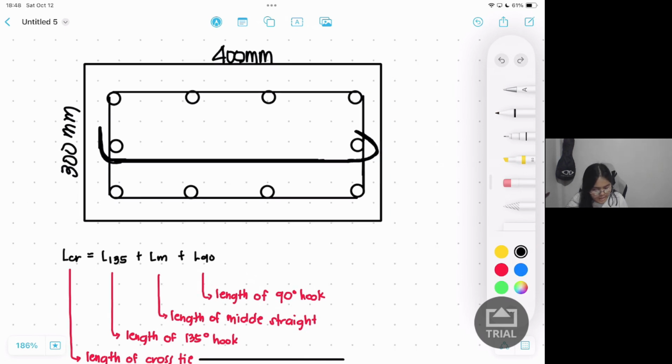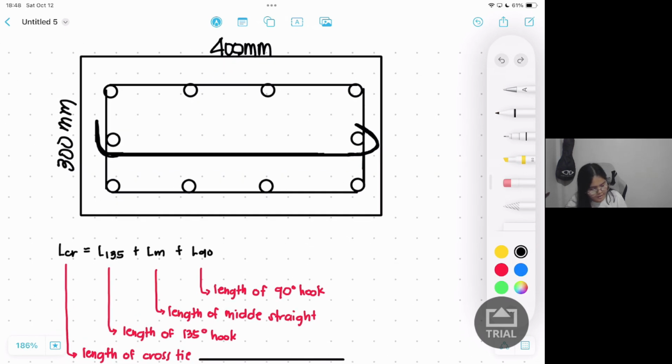Kasi, nakikita nyo na agad siya sa mismong figure. So, ano ba yung 135? Ito siya, guys. Yung 135, itong dulo niya sa kabila. Okay? Then, yung LM, ito yung straight bar niya sa gitna bago mag-bend yung bar nyo. And then lastly, yung length of 90 degree.